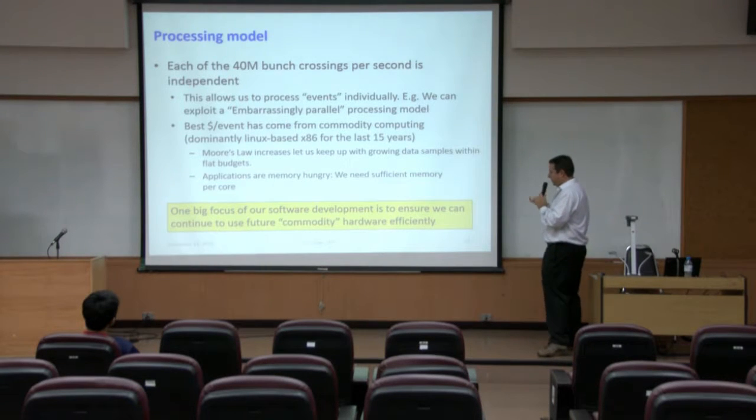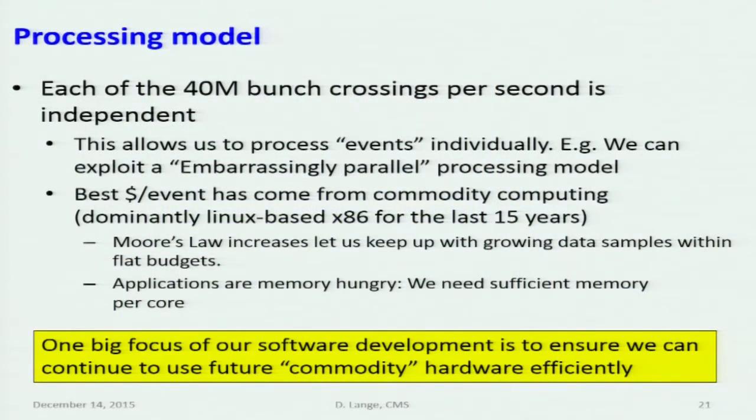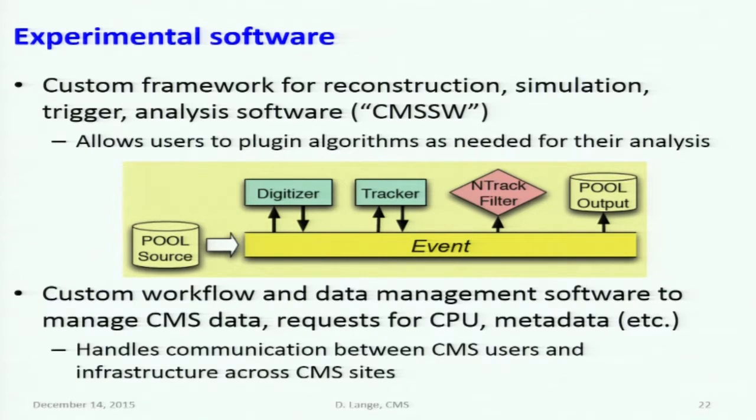But of course, from our scientific point of view, our goal is to make sure that we can continue to use cheap computing, if you will, and to use it efficiently, because once we stop being able to do that, then the cost of doing an analysis goes way up, and we can of course ask funding agencies for more money, but they might not say yes, let's say.